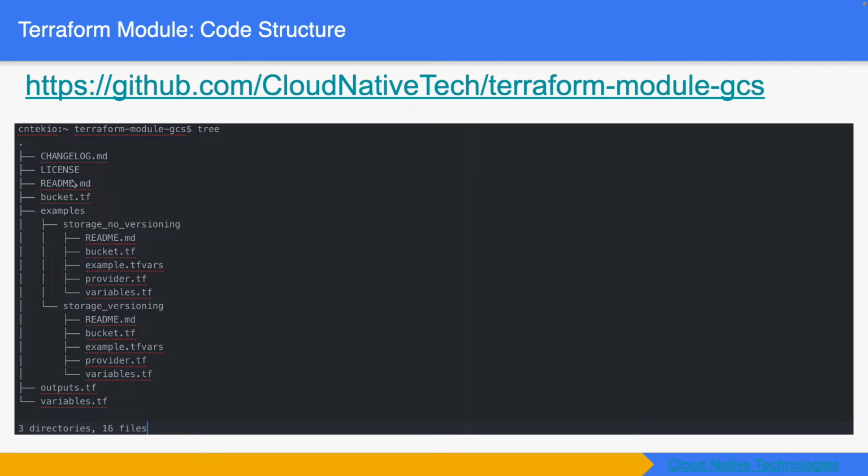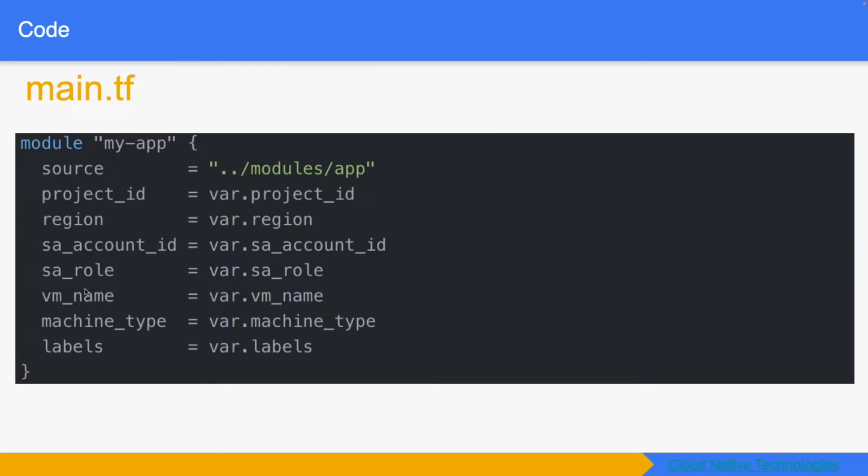With each module, I would prefer to have a change log where I can maintain what has changed within the Terraform module over time. A nice README helps the team or the consumer of this module get started easily. Then some examples of how to use this module. And for tests, we'll have a test directory as well when we're doing tests.